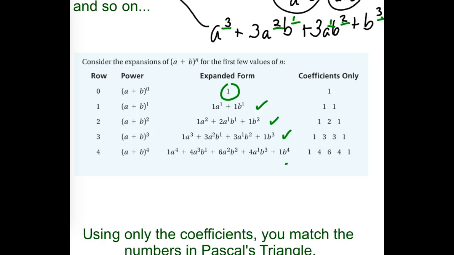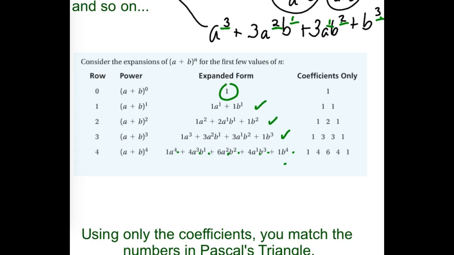It's here for you. I want you to look at the powers that we talked about. Does that pattern work for A plus B to the fourth? We start with a 4, then we have a 3, 2, 1, 0. Okay? And our B's go in the reverse direction. None, 1, 2, 3, 4. Okay? So that pattern of powers is continuing. If we take out all the variables and we just focus on the coefficients, I have a 1 here.